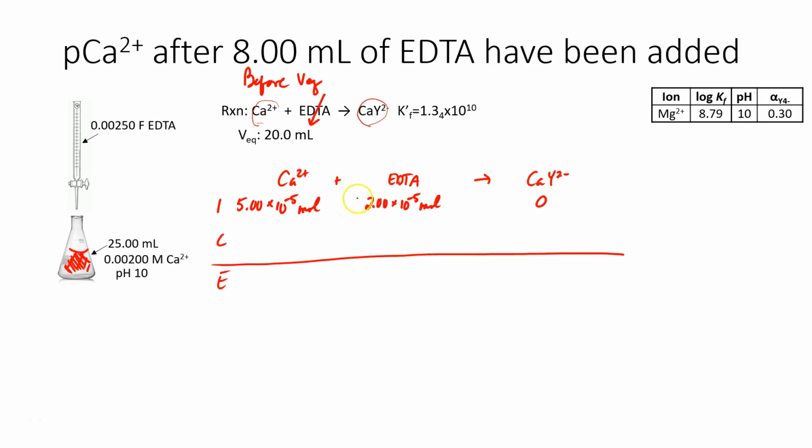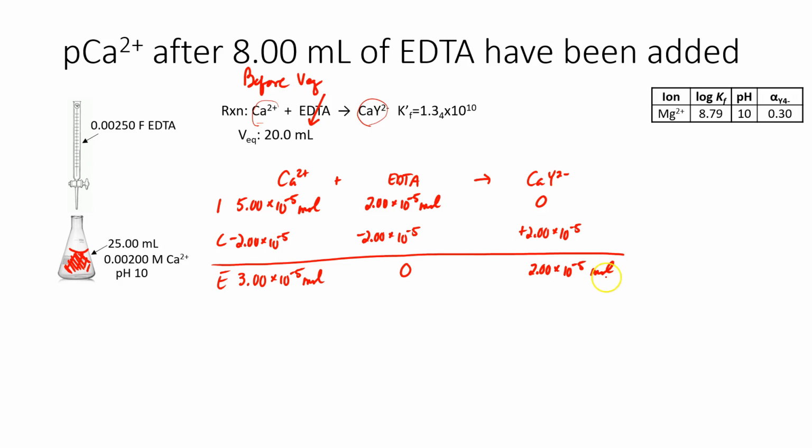So now look at our limiting reactant. We'll be subtracting those moles from the reactants and adding them to the products so that at equilibrium we have 3.00 times 10 to the negative fifth moles for calcium. EDTA got consumed, and we have made some of this calcium EDTA complex.